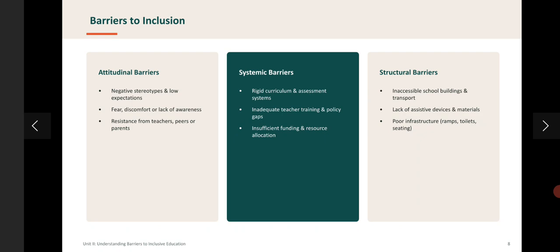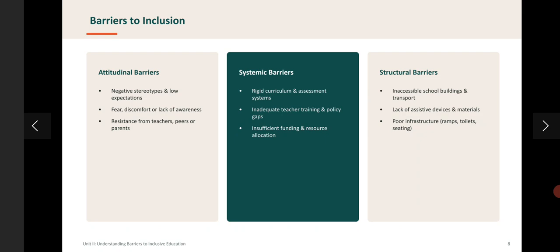Okay, structural. Sidewalks and doorways that are too narrow for a wheelchair, scooter or walker. So it is about accessibility, the structure, that is all about buildings. First we are showing the attitude, then we come to the systems. Whatever needs to be there for them is not there, not approachable even for the normal.